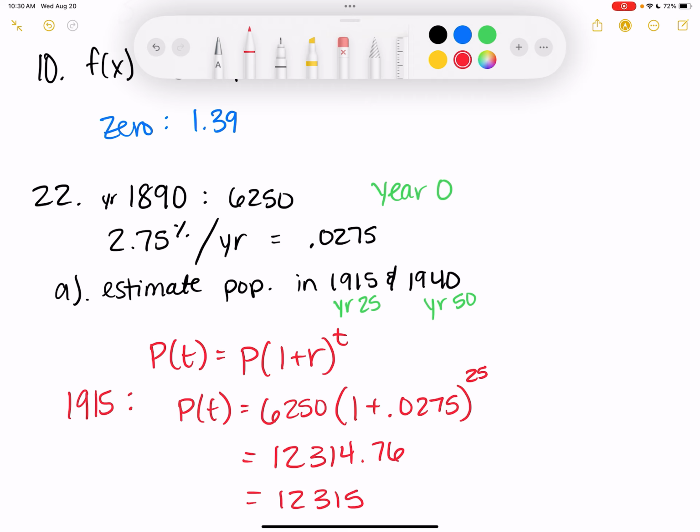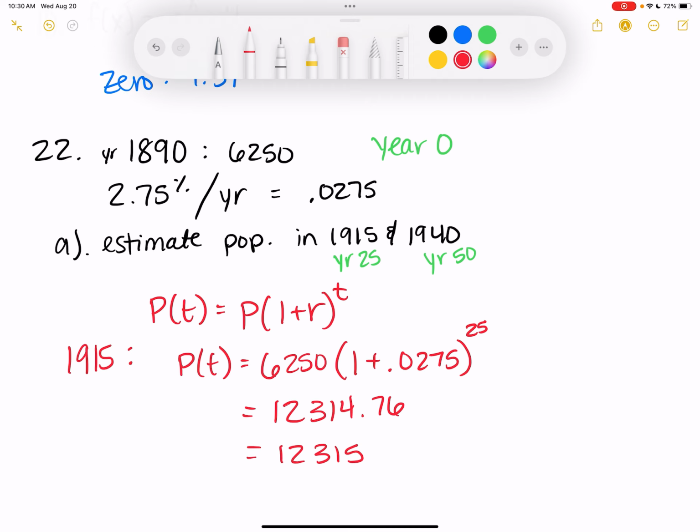Some would argue that you should actually round down because you can't just make up 0.24 of a person, but ultimately we're just estimating, so it's not an exact number. As long as it's reasonable, it would be fine.